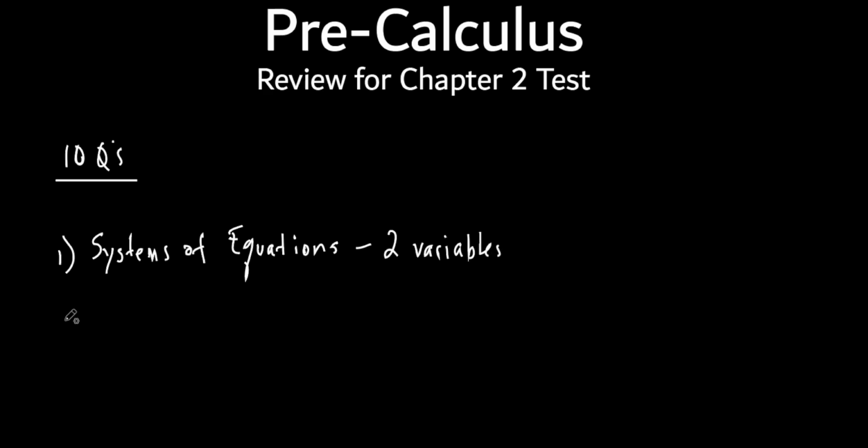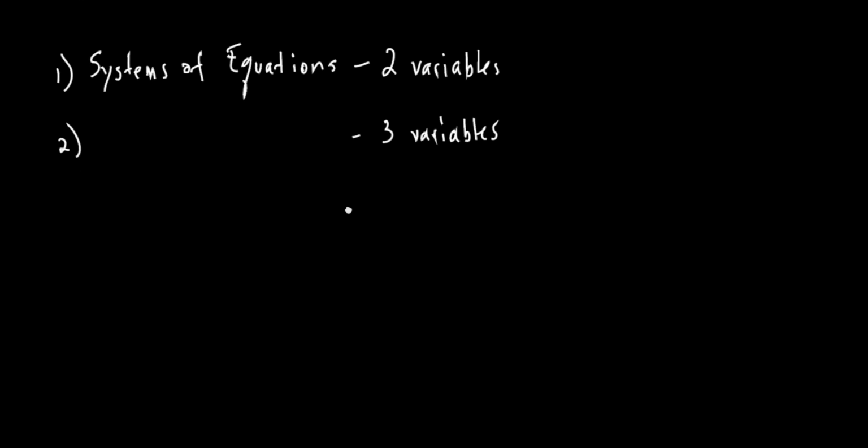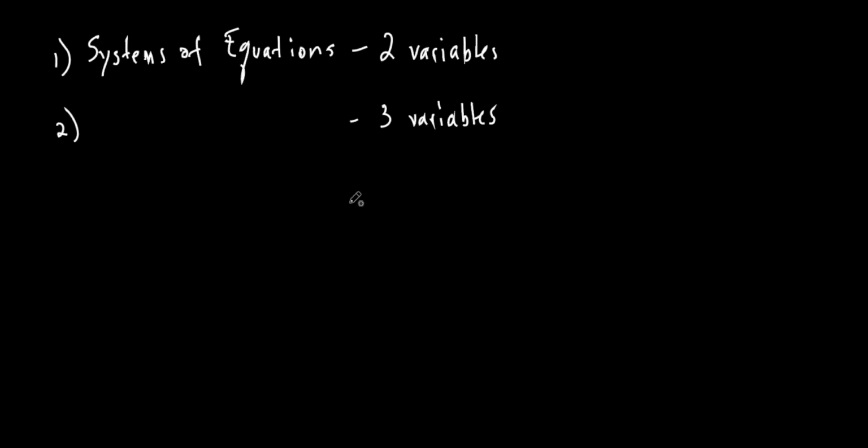And then, of course, what do you think number 2 is? Systems of equations with 3 variables. The one with 2 shouldn't take you too long. The one with 3, yeah, it's a little bit more involved. But we've done plenty of those in here.